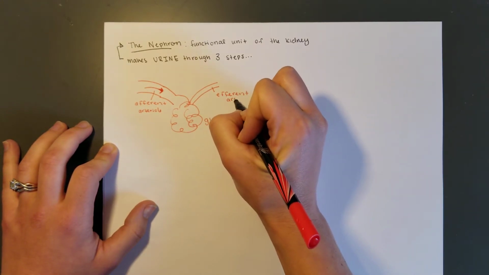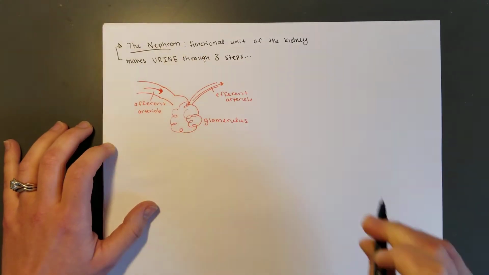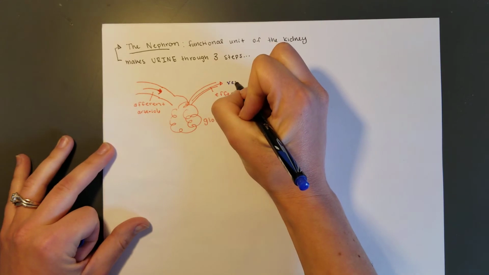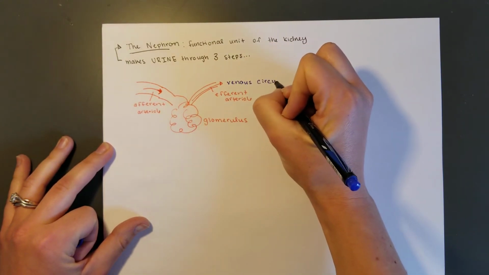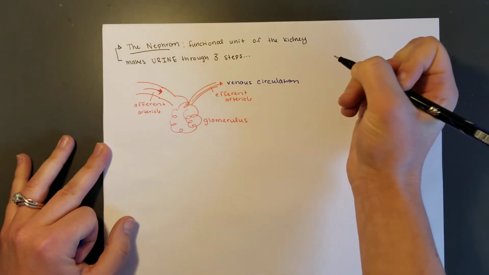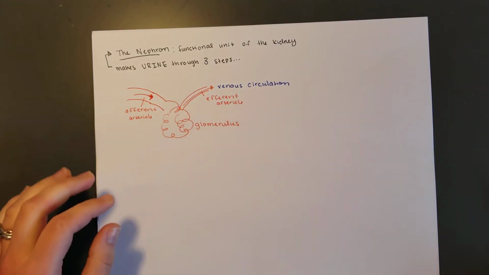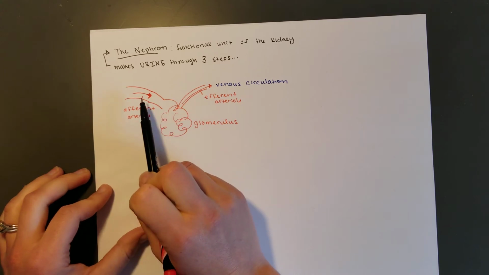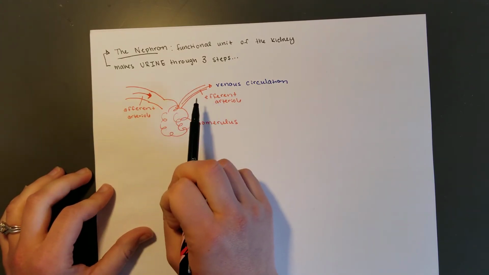And you can think about this efferent arteriole is basically going to end up back in our venous circulation, because the efferent arteriole is going to feed the cortical radiating veins, and that will go to our interlobar vein, our renal vein, inferior vena cava, back to the heart. Okay, so afferent arteriole bringing stuff to the glomerulus, efferent arteriole bringing it away.